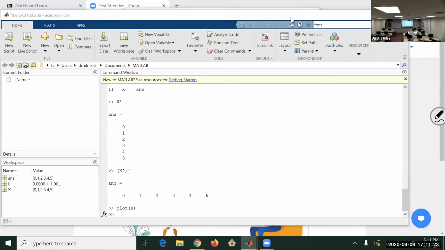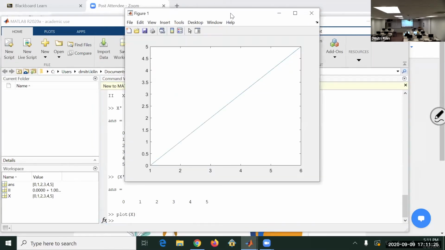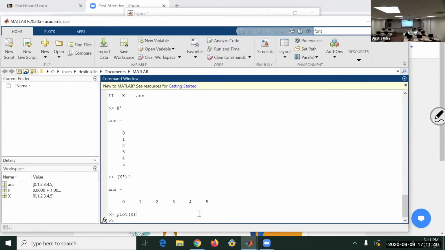Okay. So we did a plot. There are like 6 records, and they start from 0 on the x and on the y, the values go from 0 to 5. What if I do x comma apostrophe 0 apostrophe?